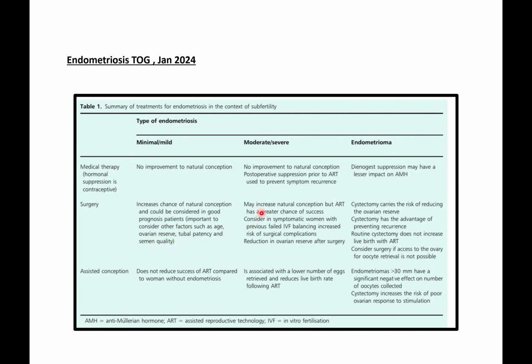Now, in moderate or severe endometriosis, surgery is not the first line if the patient is asymptomatic. Okay, because it may increase the natural conception, but ART has a greater chance of success.